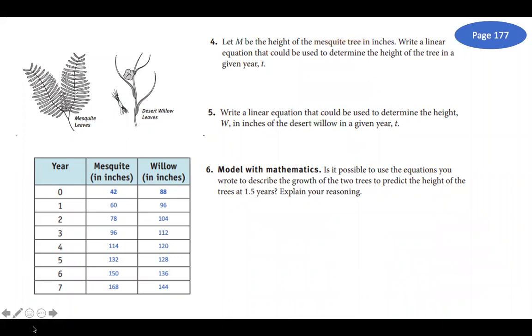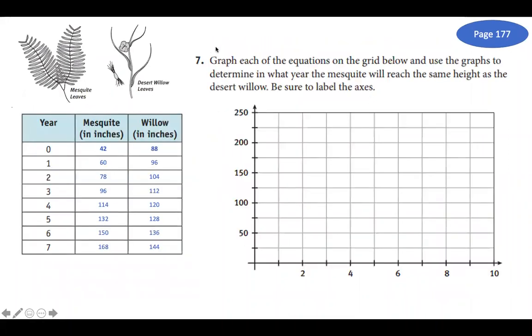All right, let's move on. Graph the equations on the grid below. Use the graphs to determine what year the mesquite tree will reach the same height as the willow. So this is what we are doing when we are solving a system of equations: we're trying to figure out when both equations have the same value, the same x and the same y, or in our case, the same h and the same t.